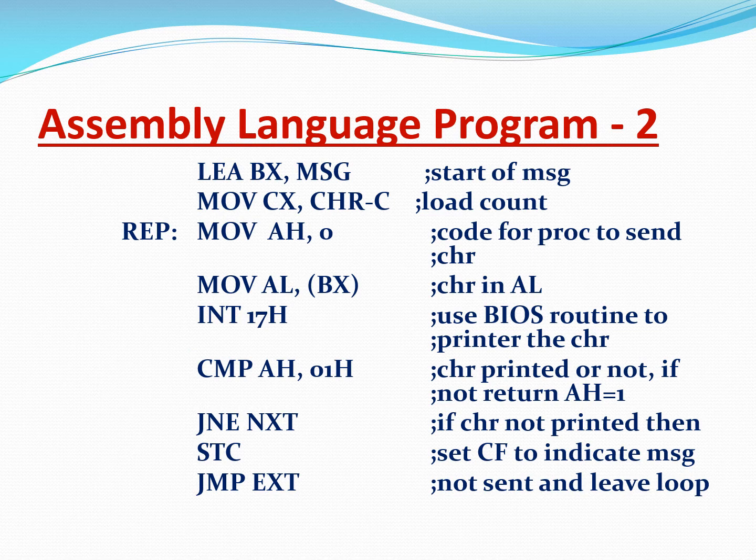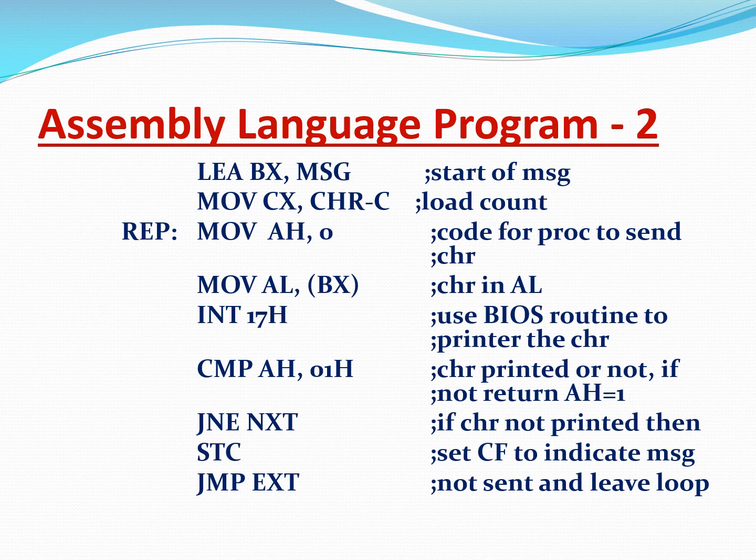So we check whether the character was printed or not. If it is not printed, then AH is equal to 1, that is, you initialize the printer as you see in the previous instruction.